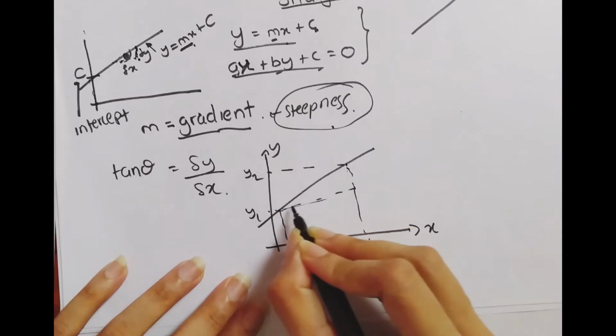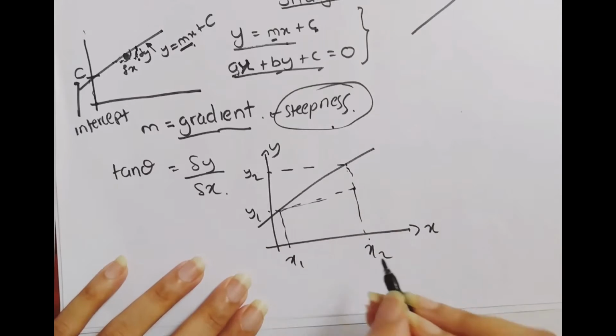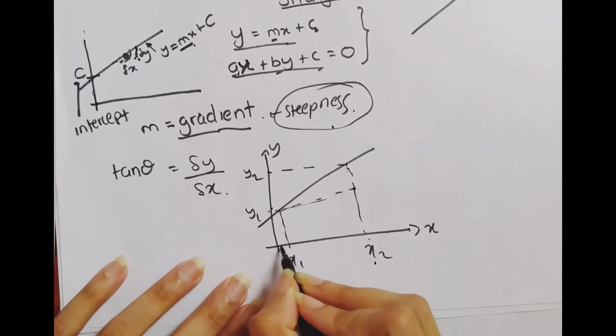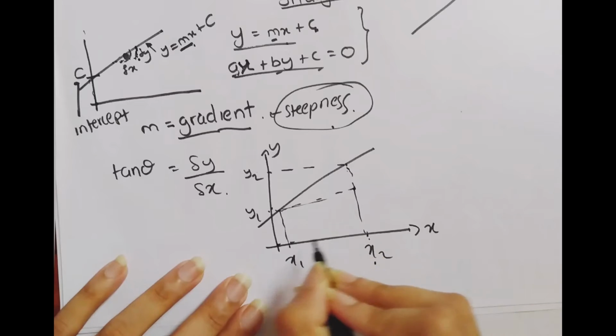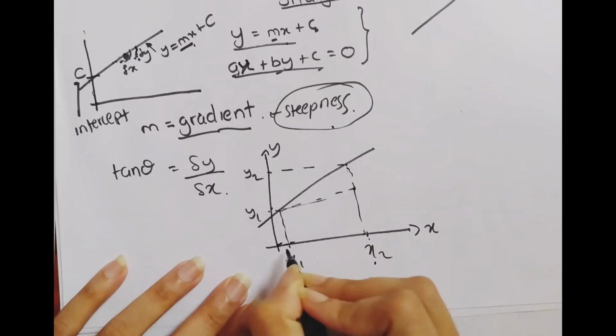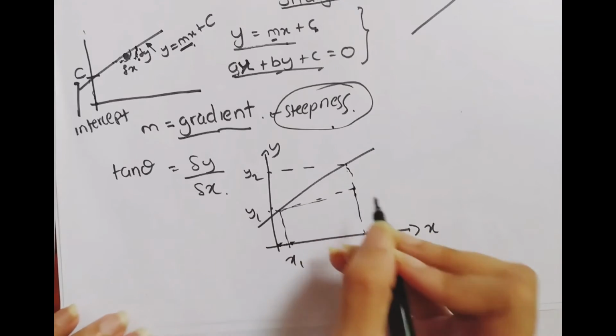What is this distance? How are you going to find it? You know x2 is from here to here, and you need only this distance. You know this distance is x1, so from x2, if you subtract x1, you will get this distance.